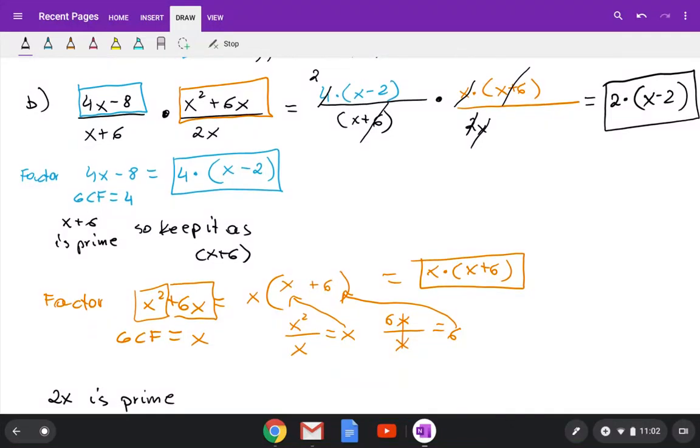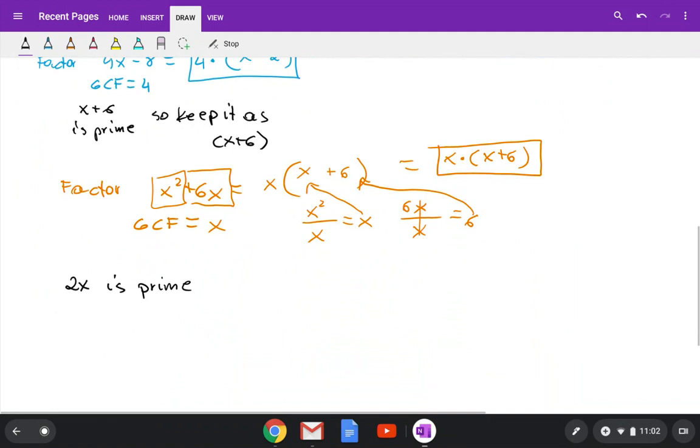Next one, we're going to do something with quadratics. Since we learned how to factor quadratic equations, let's practice.